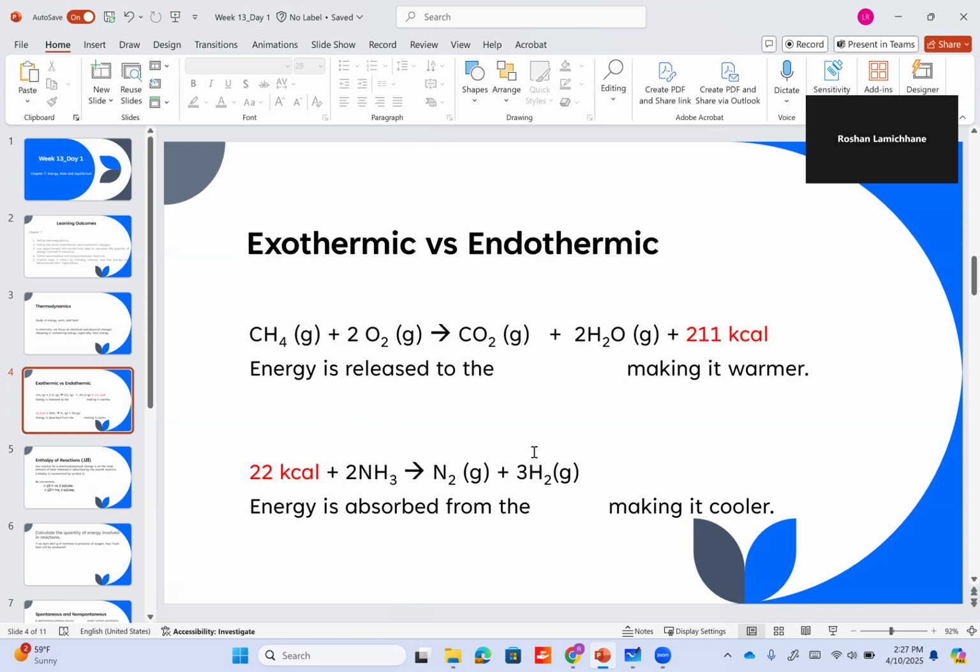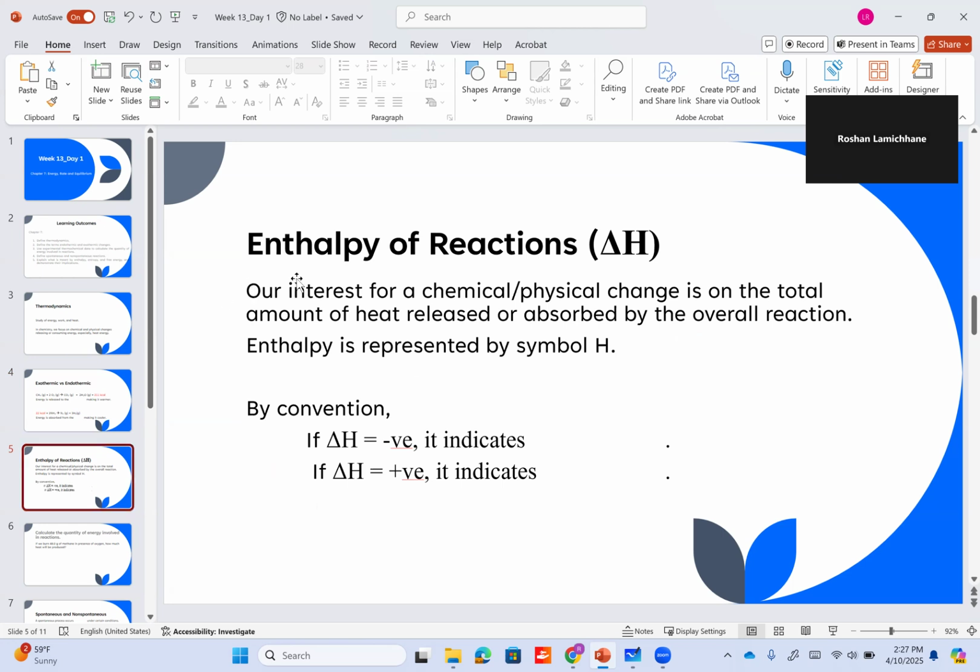All right, but again, the idea is how much heat is released and how much is absorbed. That's all the exothermic and endothermic concept is. So whenever we study how much heat is absorbed or released, we call that the enthalpy of reaction.